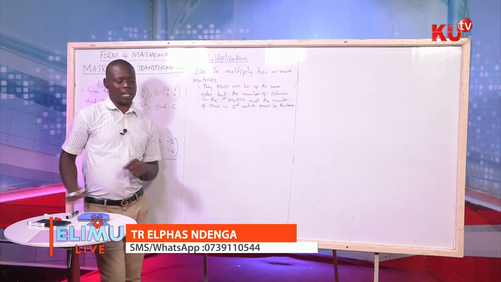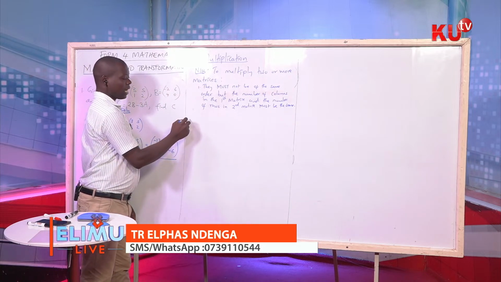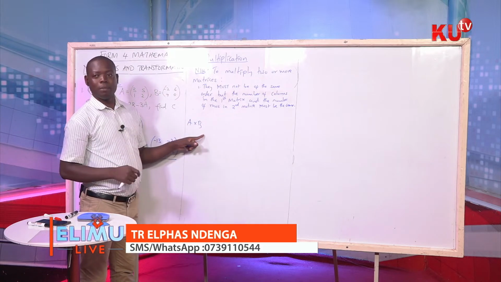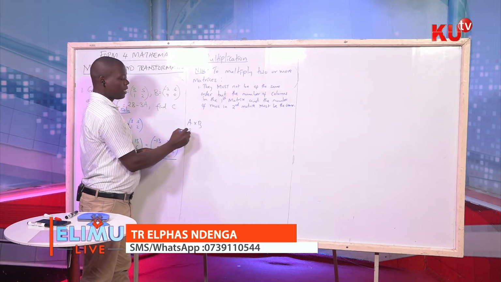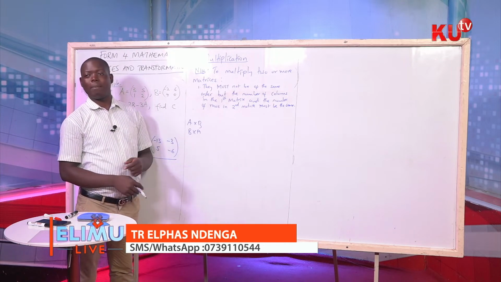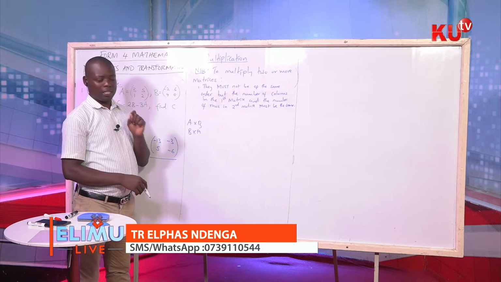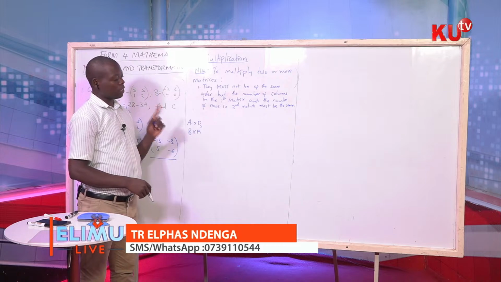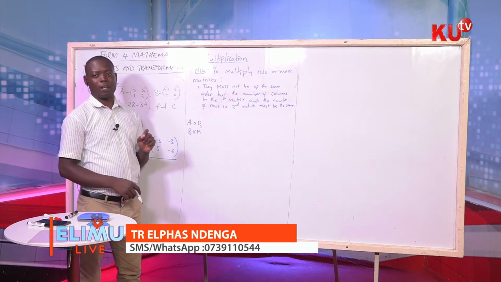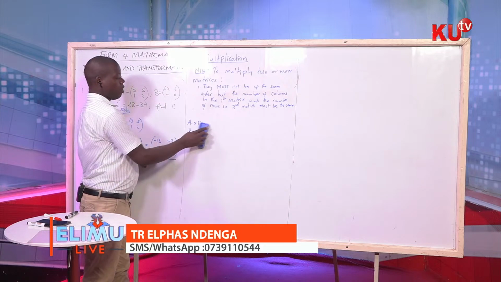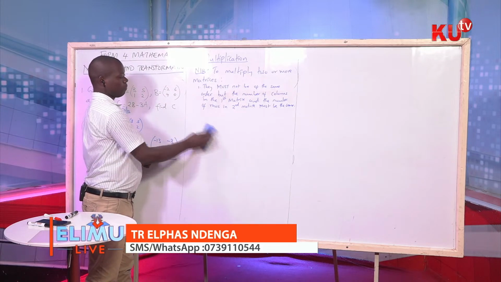That is why, in multiplication, when we say take A times B, you have to strictly take A times B. You cannot reverse and say B times A, because sometimes when you reverse and they were not of the same order, they become incompatible. So identify the first matrix as per the question and the second matrix as per the question, then tell whether the two matrices are compatible or not.